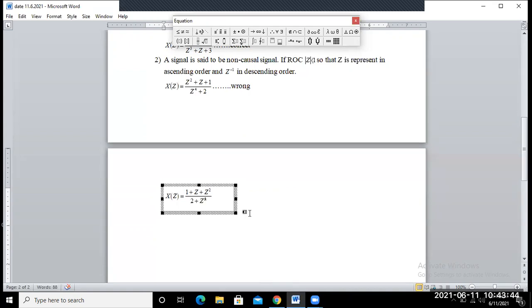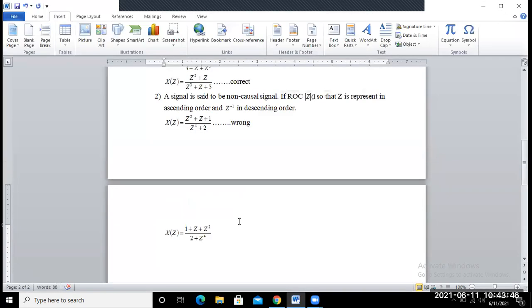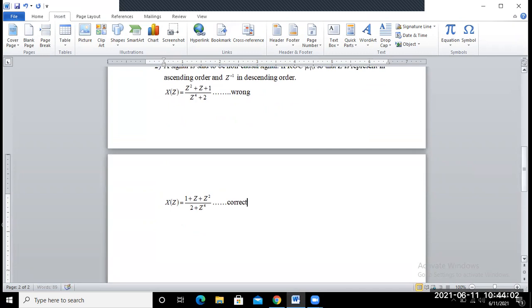So this representation is correct. Based on the long division method, you may find out the inverse Z transform.